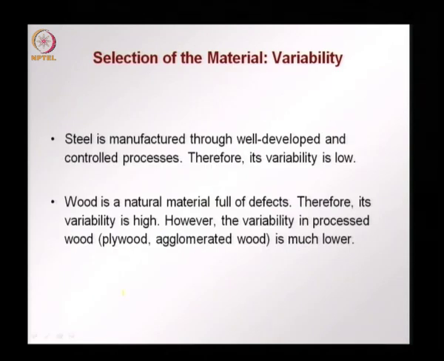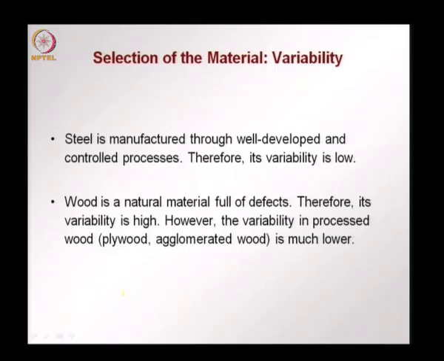So, we find that materials such as steel, which are manufactured through a well defined, well developed control process, give low variability. That is, the material properties do not change a lot between different samples tested.